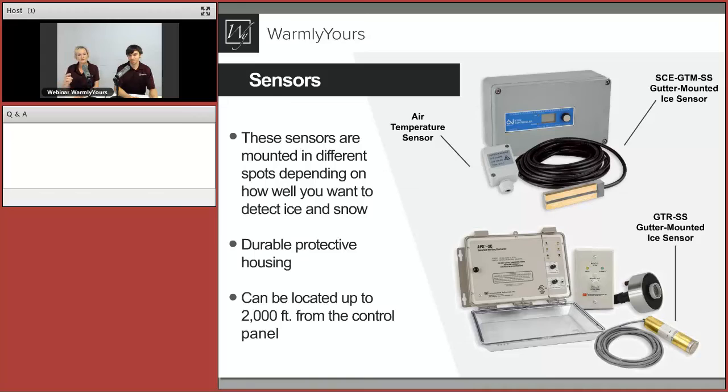Now, anything special? I notice it looks like an aerial sensor on the bottom. We do show the aerial sensor. That might be a very specific application where you may want to detect just the snow, as an addition to the gutter sensor. This way, your system may even be energized ahead of time, as soon as those first snowflakes hit the sensor.